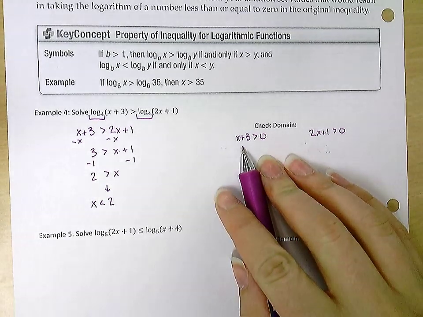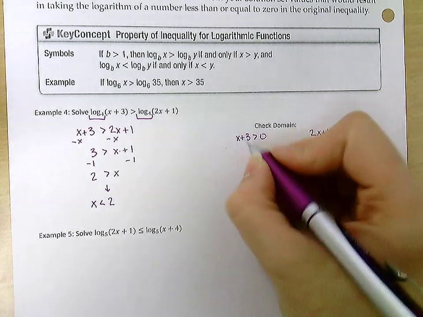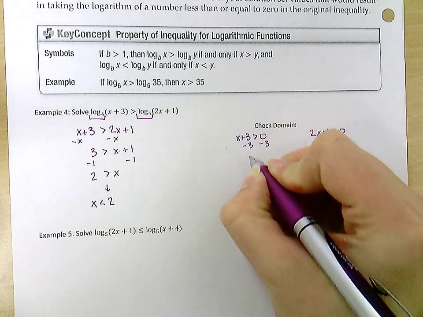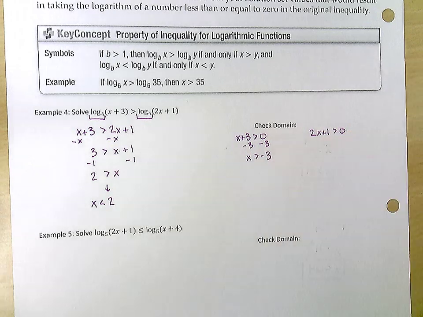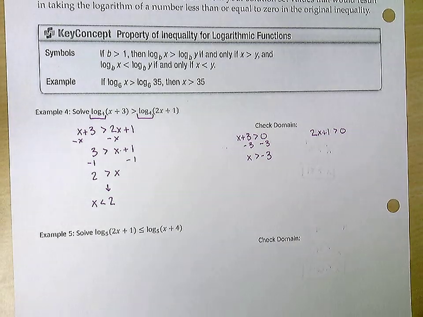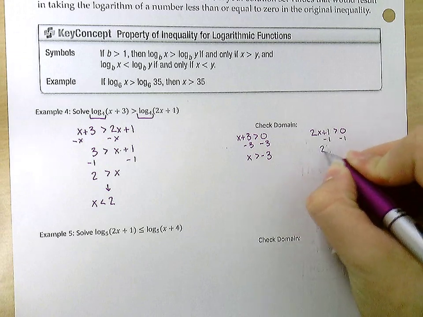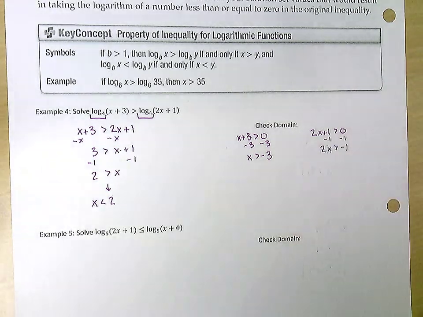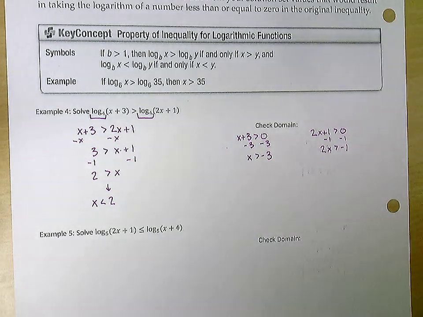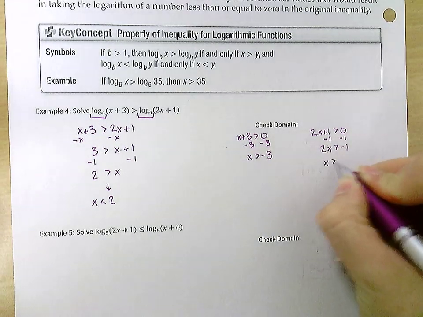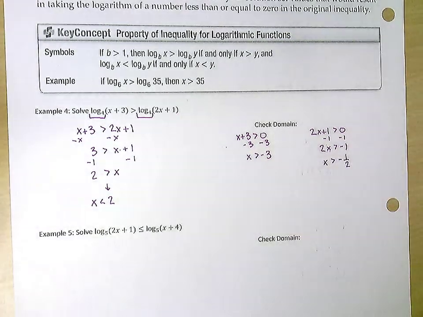From here, I can solve for x in both cases, so subtract 3. So x has to be greater than negative 3. Here, subtract 1. I have 2x is greater than negative 1. Divide by 2. And x is greater than negative 1/2.